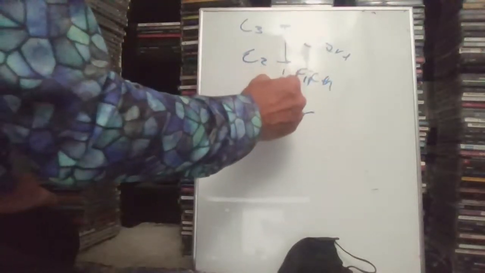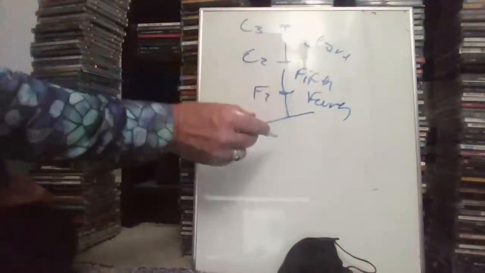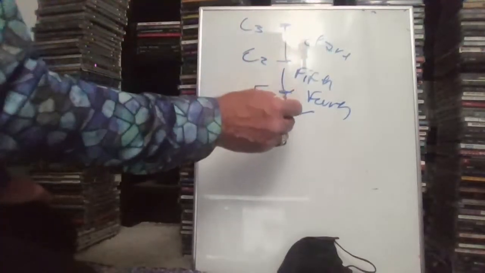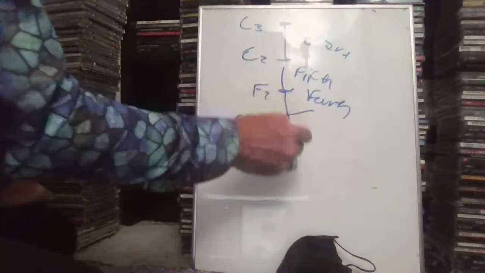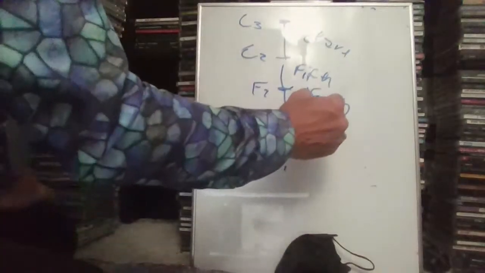This would be F2. That would make this a fourth, because a fourth and a fifth make an octave. And then the next one would be the A flat, and that is right here, A flat 1, and that's a major third.